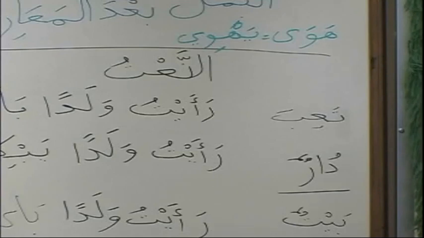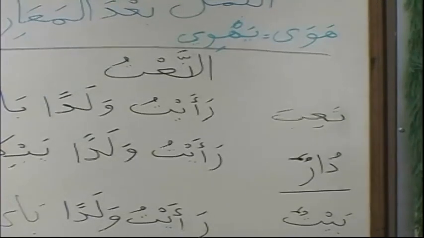What is the meaning of Hawa Yahwi? To swoop down, to come to you quickly in a rush. You know how the eagle swoops down on you? Wal mautu nahwaka yahwi.